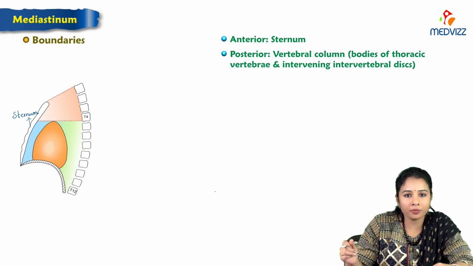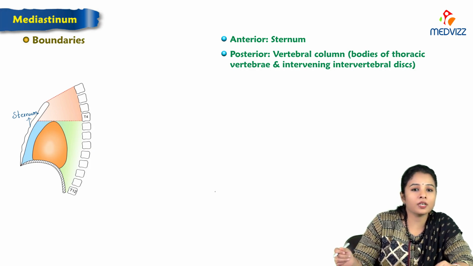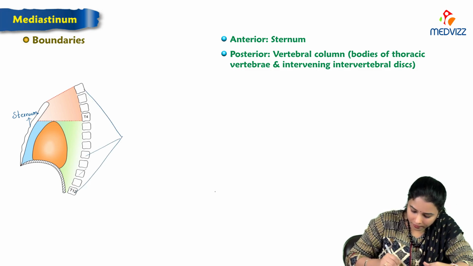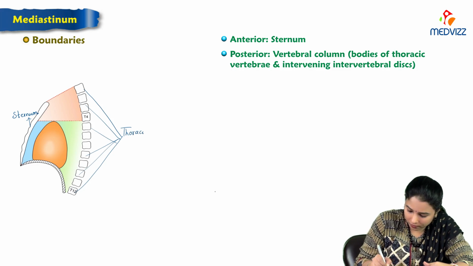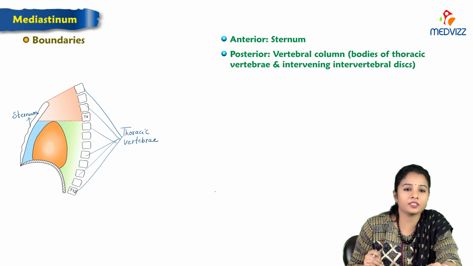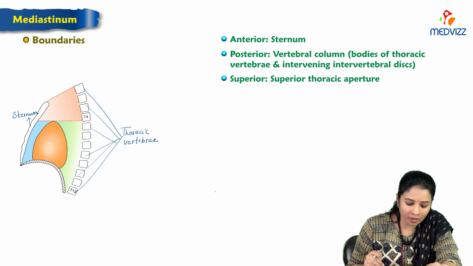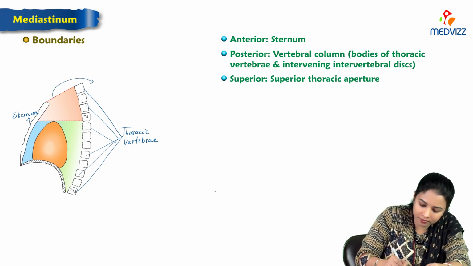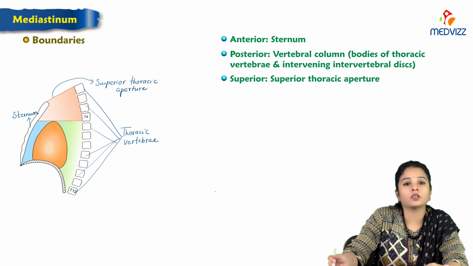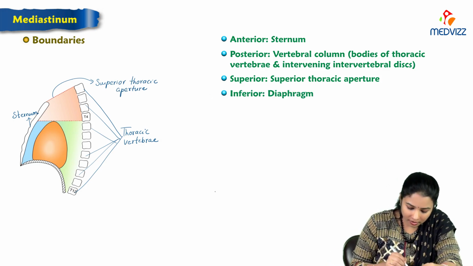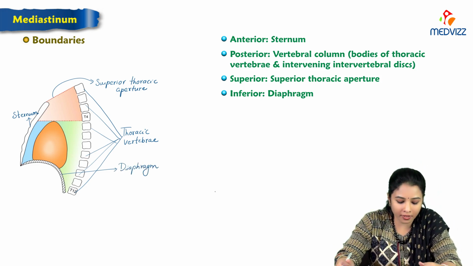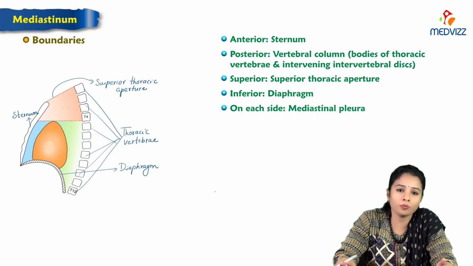Posteriorly it is related to the vertebral column, that is, the bodies of the thoracic vertebrae and the intervening intervertebral discs. Superiorly it is bounded by the superior thoracic aperture, and inferiorly it is bounded by the diaphragm. On each side it is related to the mediastinal pleura.